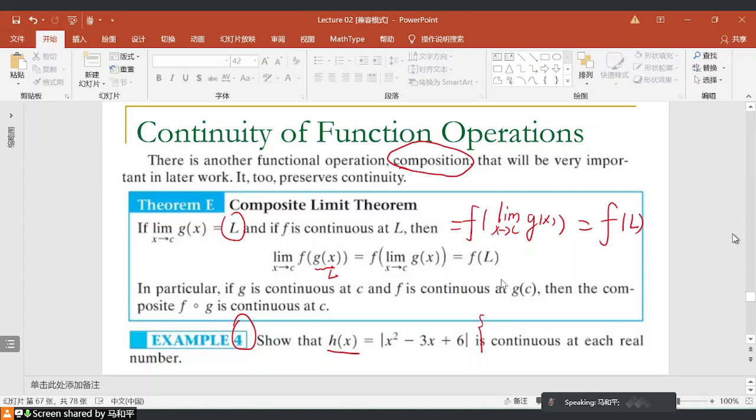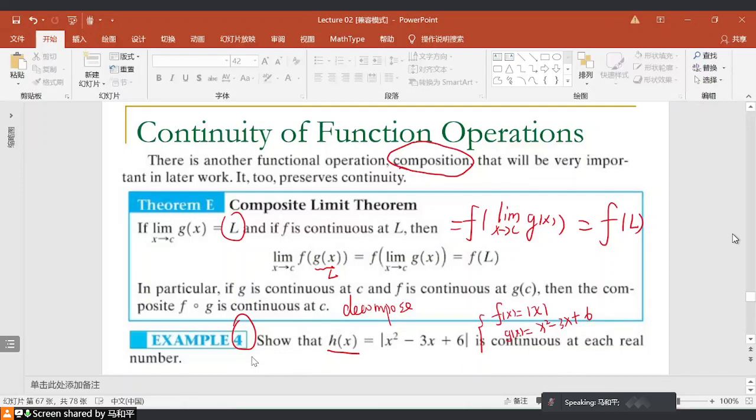Maybe you can use decomposition. Decompose it, right? You can write f(x) is x square, g(x) is x square minus 3x plus 6.